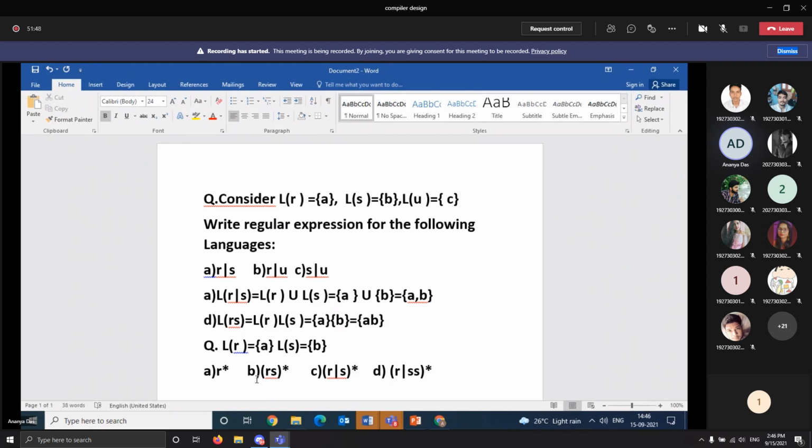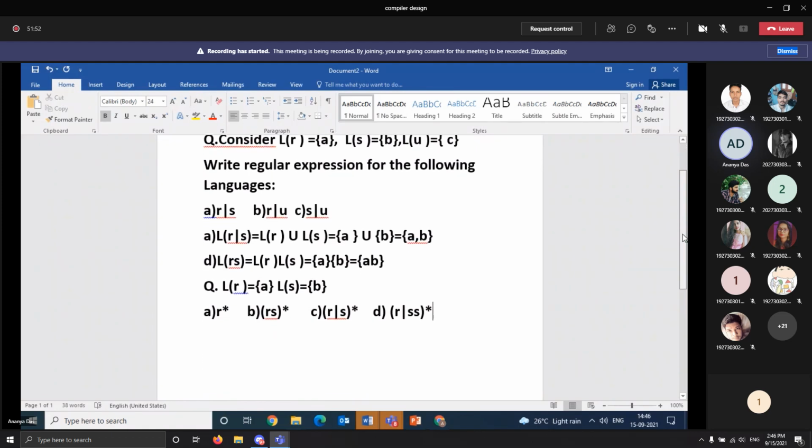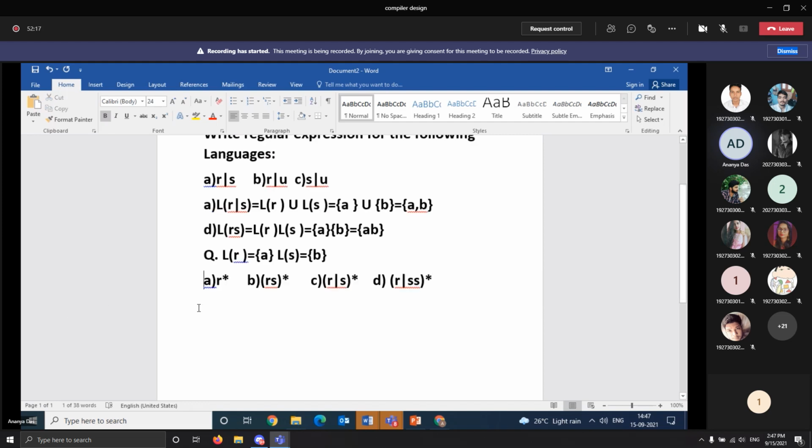So these four situations are given to you, and you are being asked to write the regular expression by keeping in mind that you are only available with these two things. You have a information about LR and you have a information about LS. Now you are being asked to create LR star, LRS whole star, LR oblique S whole star, and LR oblique SS whole star. Okay, you are being asked to create these scenarios.